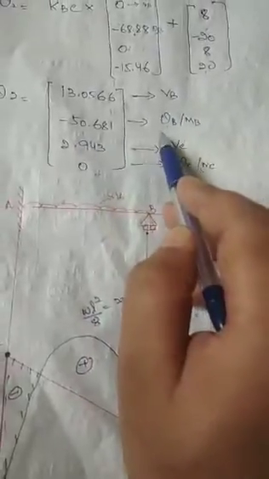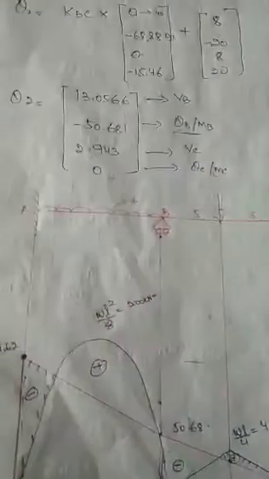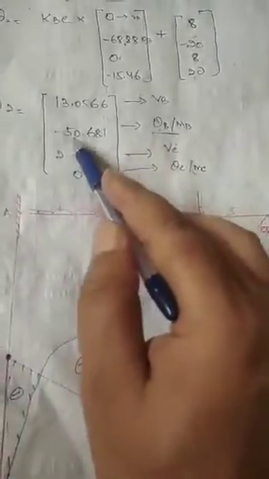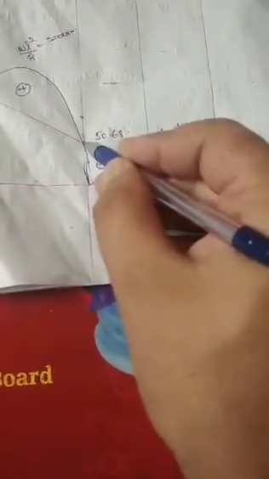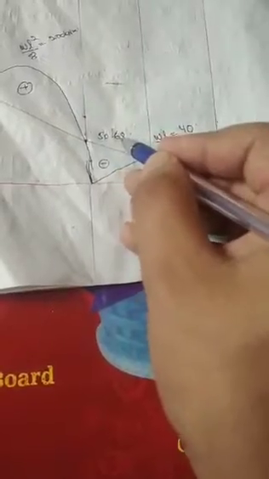Portion BC. Here we got MB value, that is minus 50.681. So here we will take a point 50.681. Then for BC portion, the value is 0.